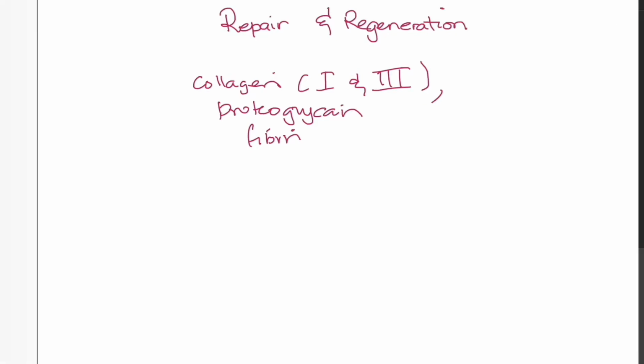Okay? The next process that occurs in the repair and regeneration is angiogenesis. All right, and genesis means the beginning of something, right? So this is the formation of capillary buds, which leads to the formation of arterioles and venules from your endothelial cells.